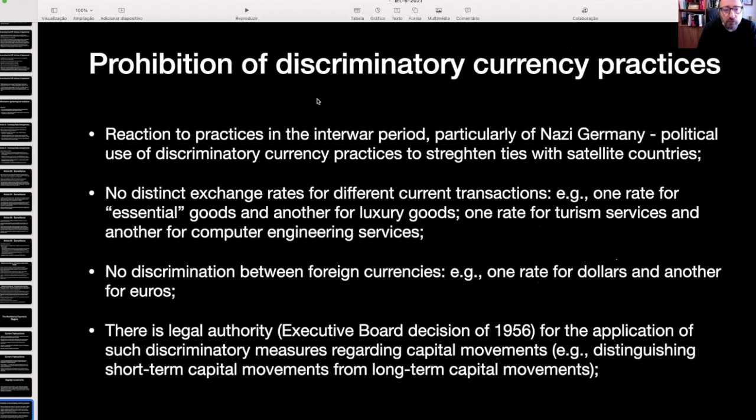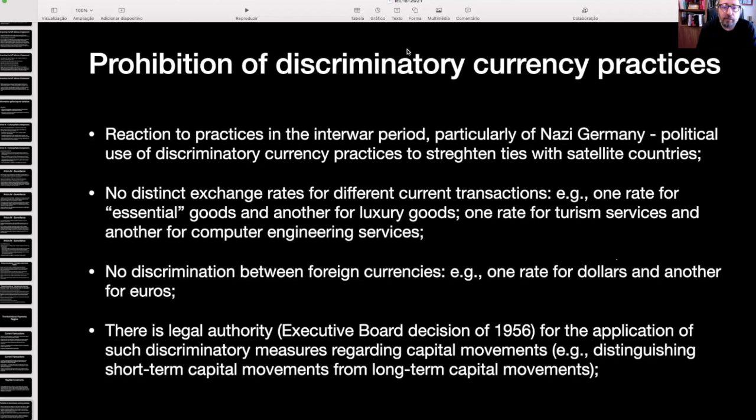Okay, so another important rule with regard to exchange rates, and again, hard and fixed rules, so no soft law here, is the rule that prohibits discriminatory exchange rates. As I mentioned earlier, this is a reaction to the interwar policy of Nazi Germany, where they used these discriminatory currency practices for political purposes. And what does it mean? It means that you cannot have, for instance, different exchange rates for different current transactions.